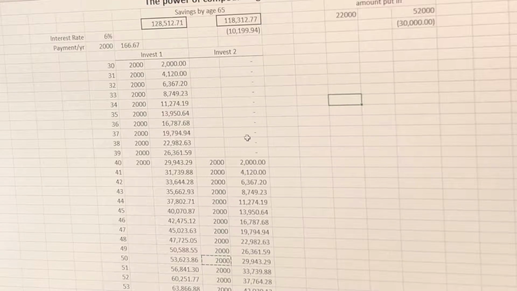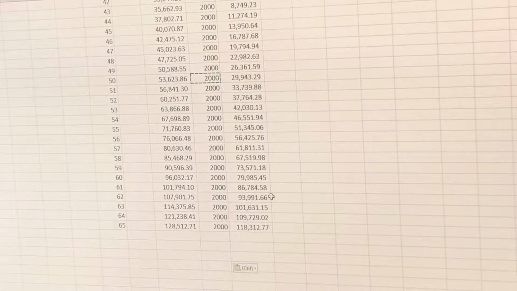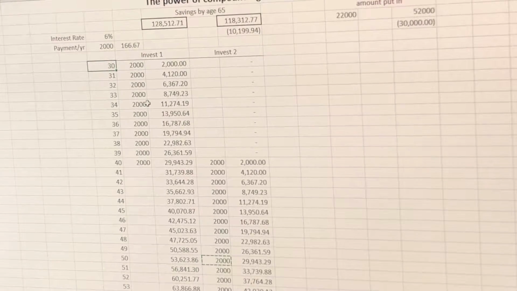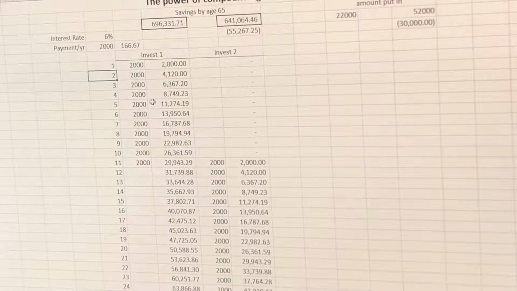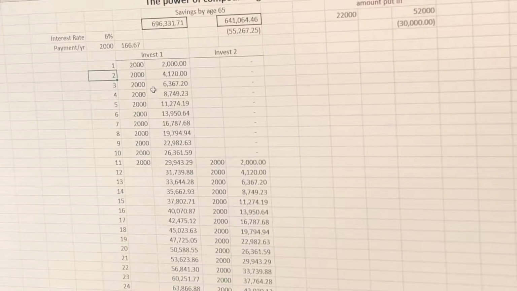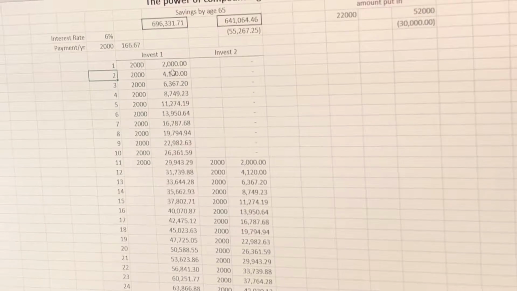Now, this could be used for many occasions. You might just want to invest, like I said, for retirement. You might want to invest, maybe you're planning on having kids, and you start at age 1 of your kid's life, and you're maybe saving for college, or just wanting to put some money away for them, maybe a grandchild.